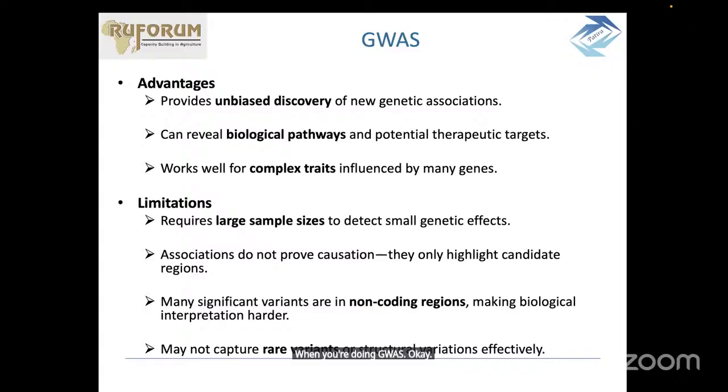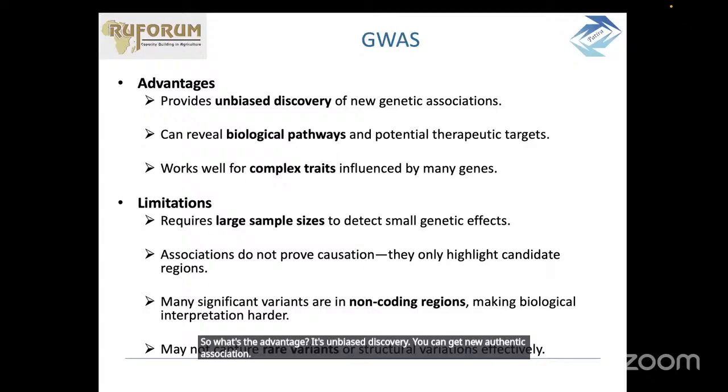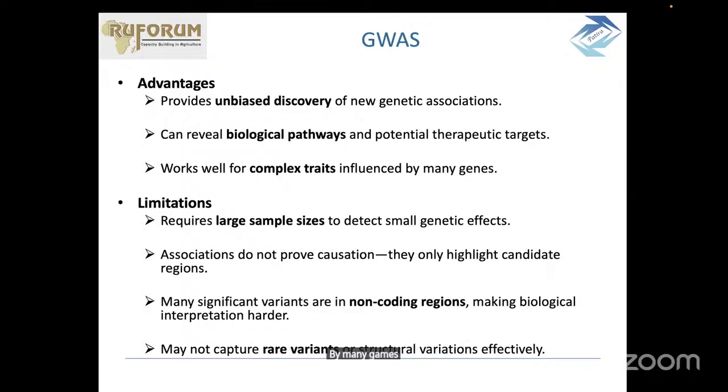So what's the advantage? It's unbiased discovery. You can get new genetic associations, can reveal biological pathways, and works well with complex traits controlled by many genes. Limitations: large sample sizes are needed to detect small genetic variation. Association also sometimes does not prove causation.